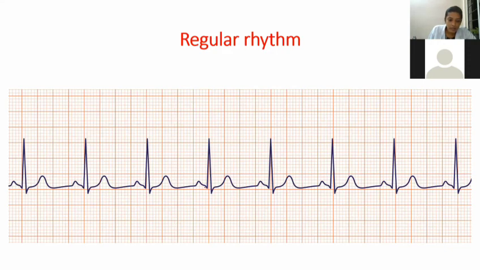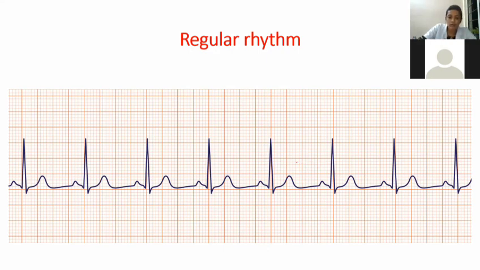The P wave comes, after that the PQ segment, then the QRS complex, then the ST segment, and then the T wave, and the interval between each wave is similar everywhere. Even the shape and the height are similar in each wave. So it is a regular rhythm.